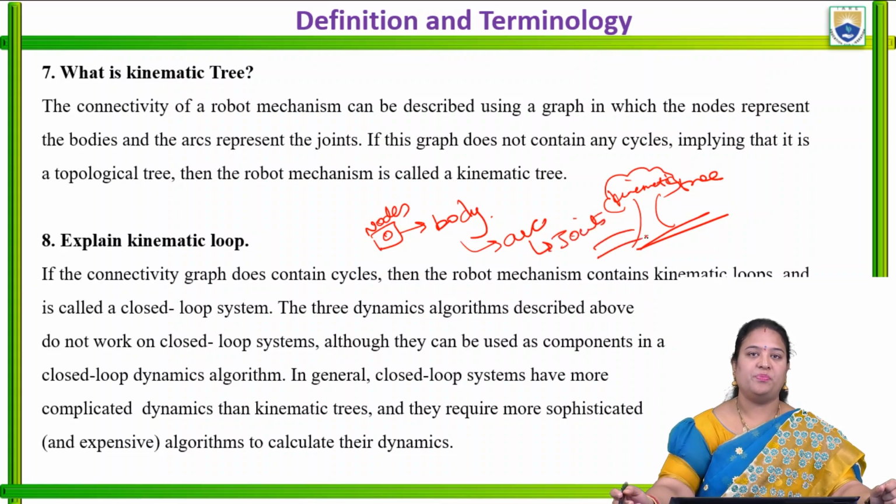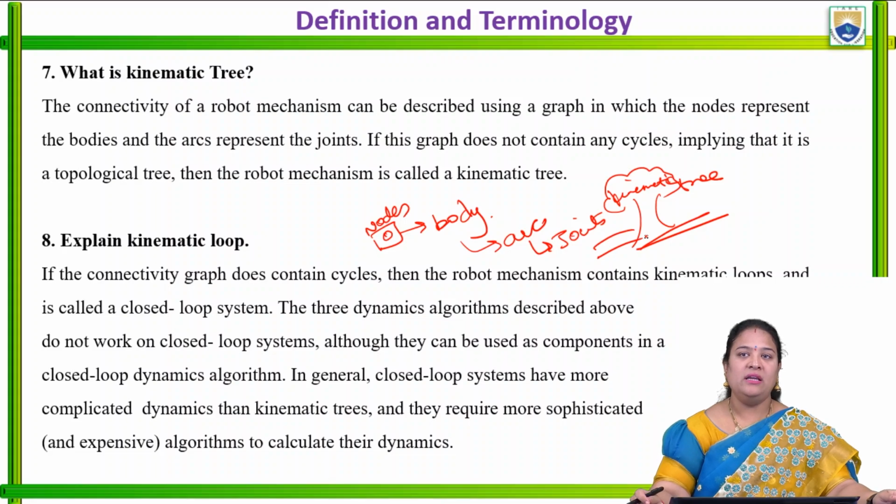In the kinematic tree, it is described with the help of a graph where the nodes represent the bodies and the arcs represent the joints.